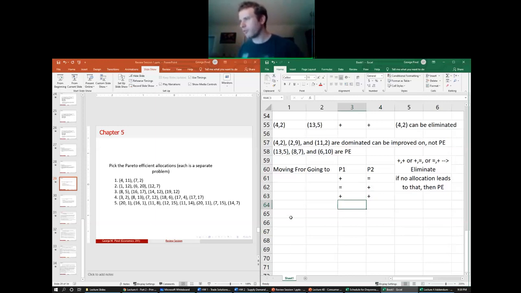If moving from one point to another I've made any of these three things, that means the moving from point is not Pareto efficient because I could do better. I can make one player better without hurting another player. And remember, that's what it means to be Pareto efficient. If I can move from one allocation to another, improving one player without hurting the other player, that means it's not Pareto efficient.